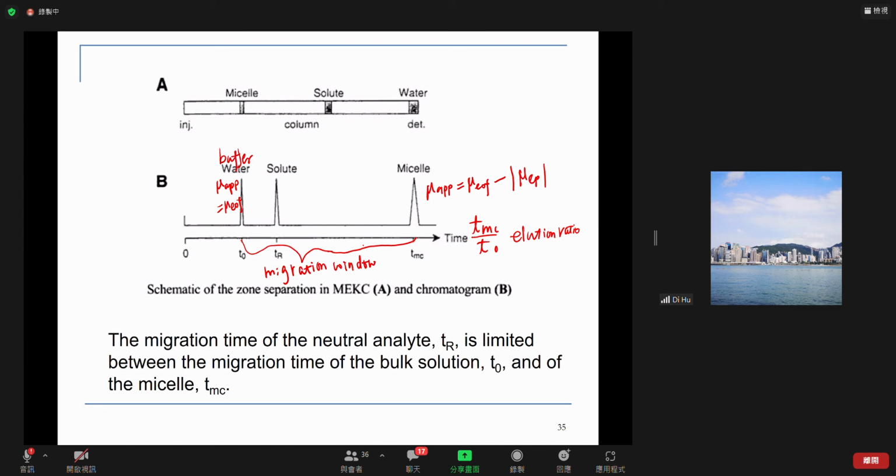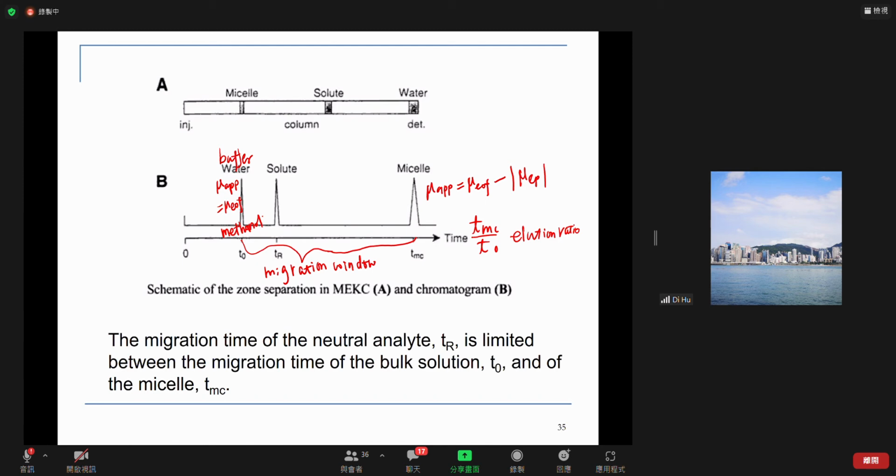It's possible to measure T0 by adding a very hydrophilic compound, such as methanol. Because it is very polar, it would just dissolve in the buffer solution, would not partition into the hydrophobic micelle core, so it will elute at T0.